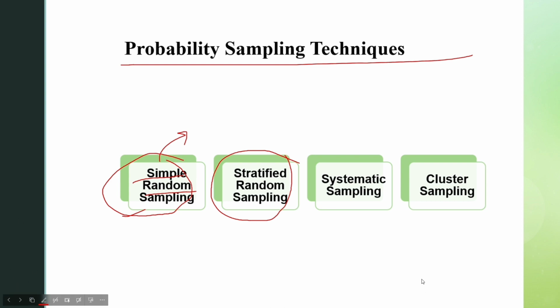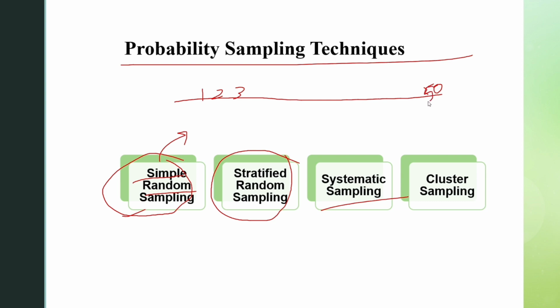Next we have systematic sampling. Systematic sampling involves selecting every nth individual from a sampling frame after randomly selecting a starting point. Say suppose we have numbers 1, 2, 3 till 50, and we have selected number 14.